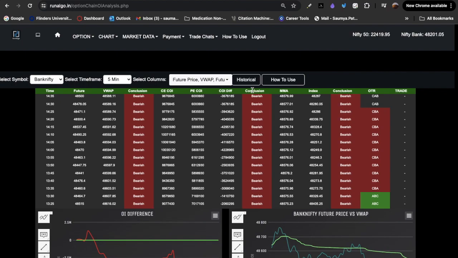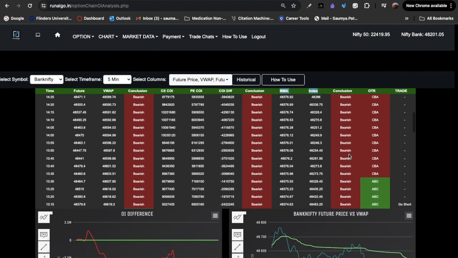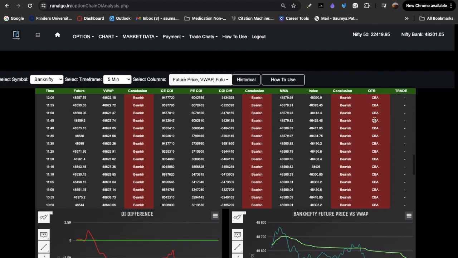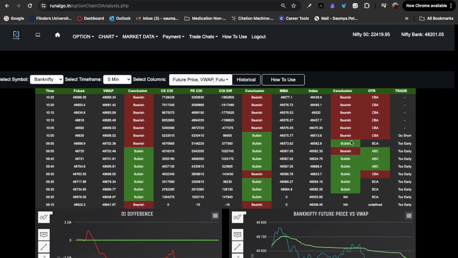And then we have MMA, the index price and what it concludes. And then we have OTR, right? There are, I think, 9 combinations for OTR, but there are only 2 major ones which we have to remember. One is ABC and the other one is CBA.